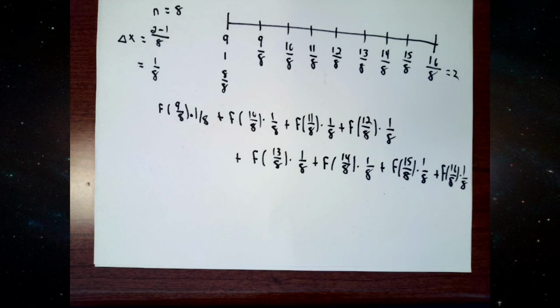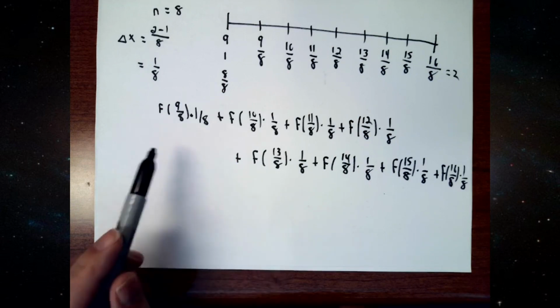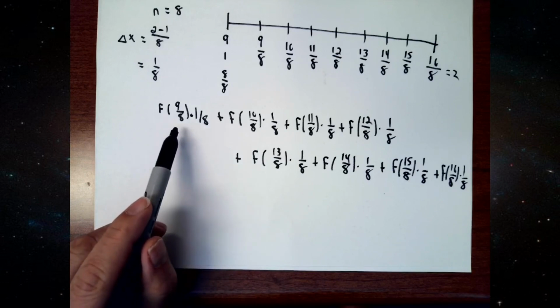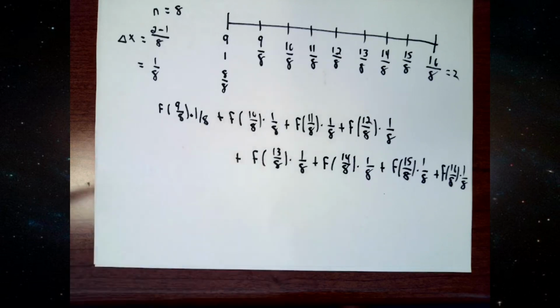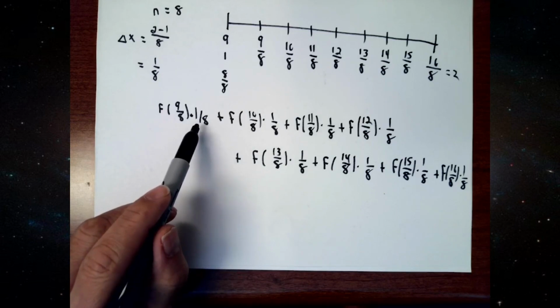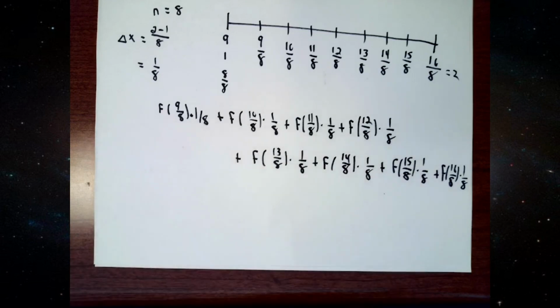My right-end rule approximation for the integral will be a function value at the right end of an interval multiplied by delta x, and then I add up all such things.